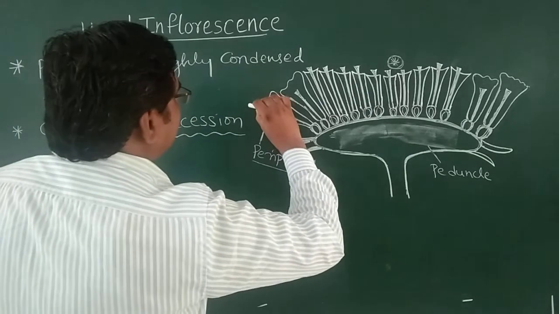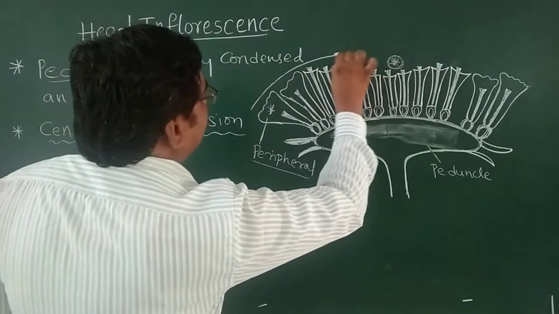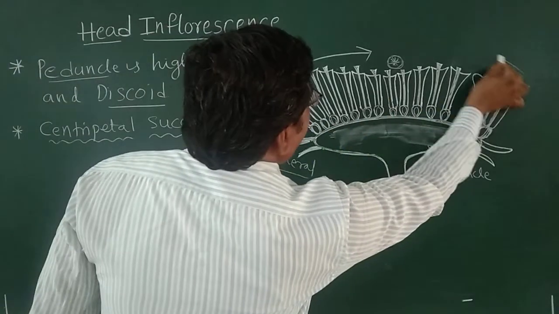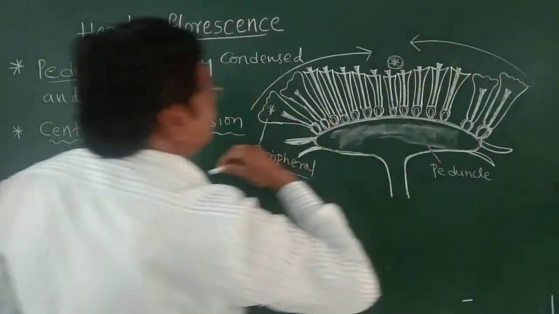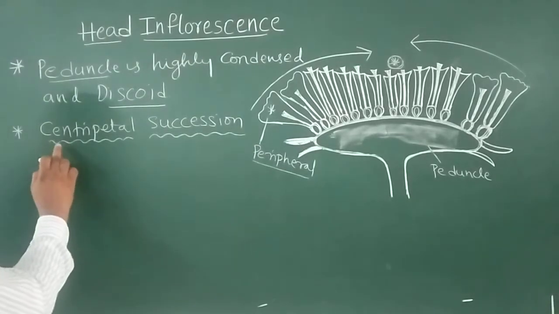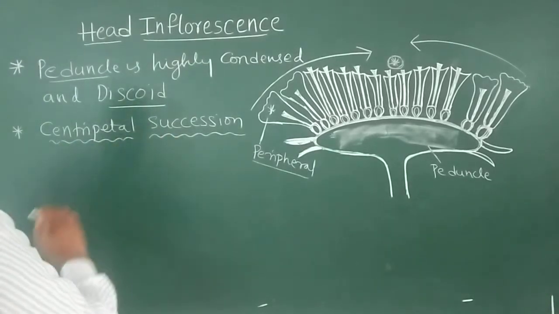So the opening of flowers from the peripheral side to the center is called centripetal succession.